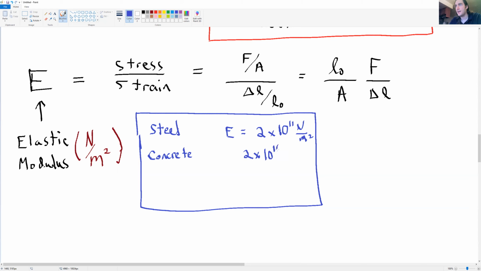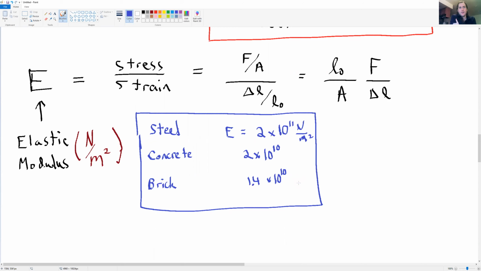It's about 10 times less tensile strength than steel, right? Okay, how about another one? Let's go with brick, right? We use brick for a lot of older buildings, walls and things. How strong is it? Brick is 1.4 times 10 to the 10. Okay, so there's a couple examples.